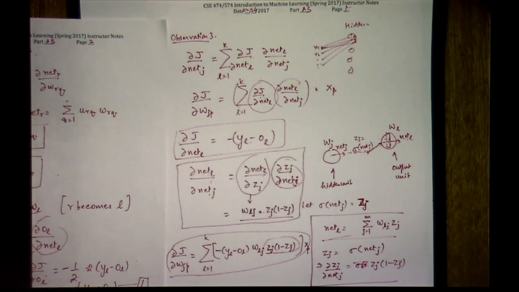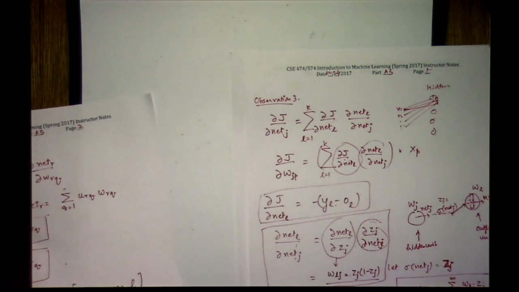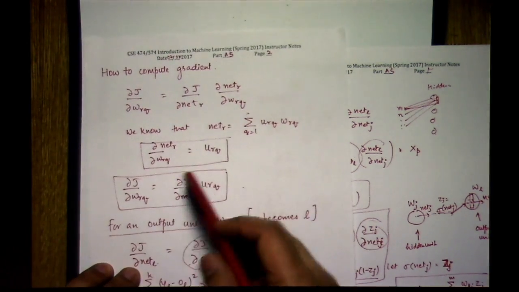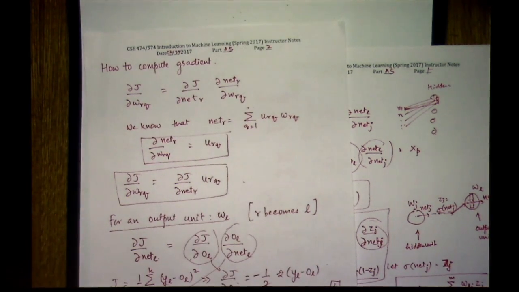Yes, a good question. The question is, if we add more hidden units, how do we compute the backpropagation there? That is the reason why I began with this general approach for any unit. Essentially, you have to do a longer and longer chain.